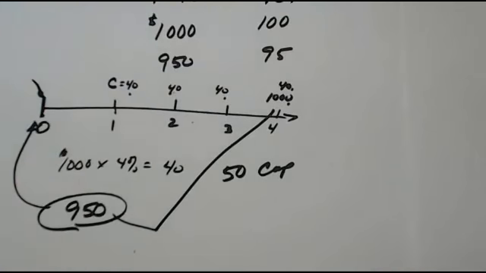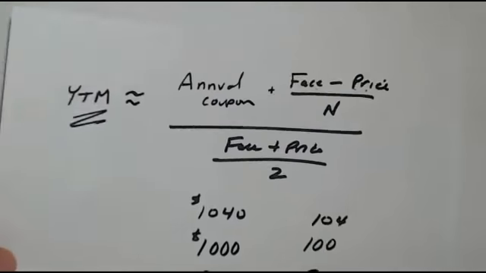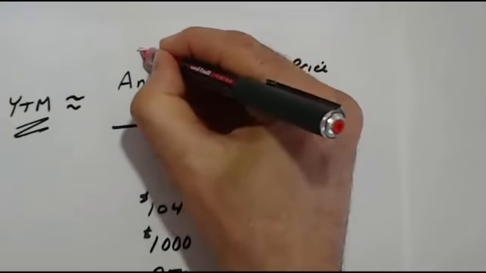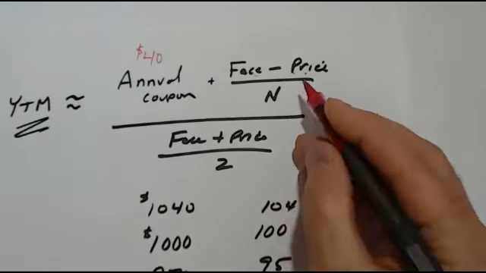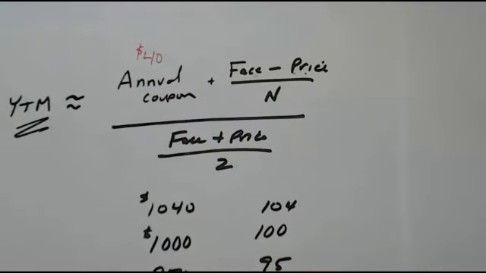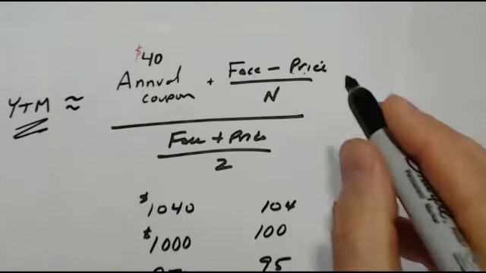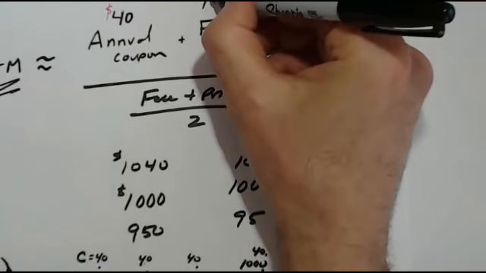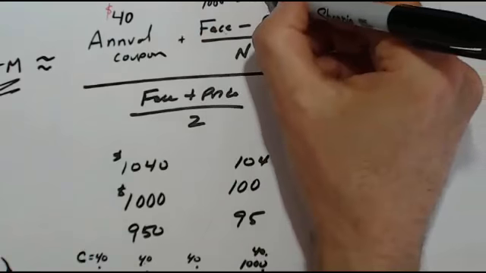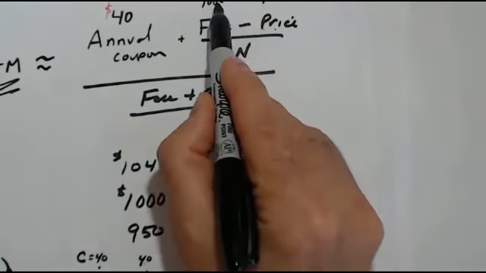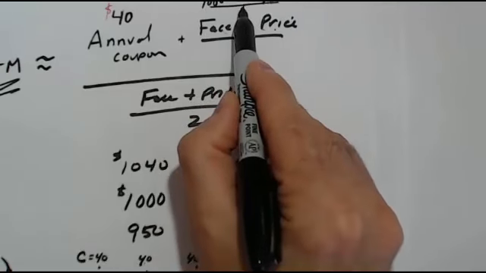So let me see if I can make this work now, up here in the formula. So the annual coupon here is $40. You can see that, $40. I'm not sure if you can see that very well. I'll put it in black. So the annual coupon is 40. The face value of the bond is 1,000. The price was $950 as we specified. So it shows you a capital gain, $50 over 4 periods.